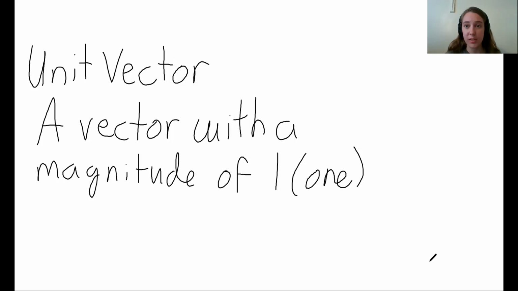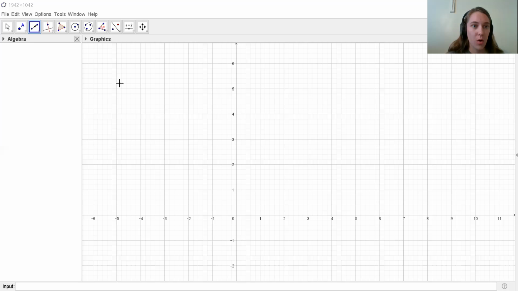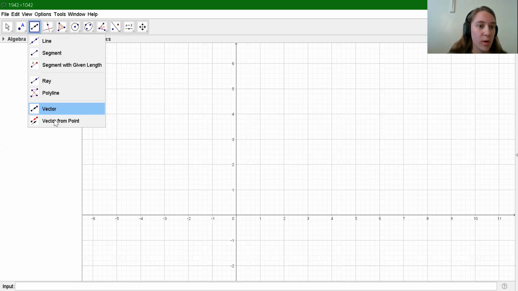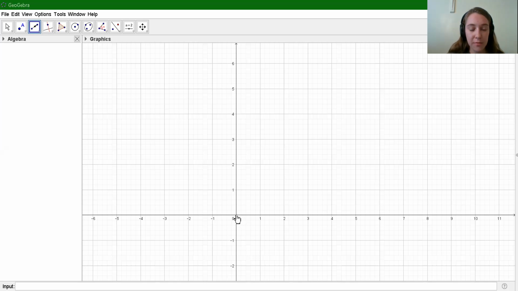So, for example, we have the vector 3, 0. We have this vector right here. The magnitude of this vector is going to be 3.